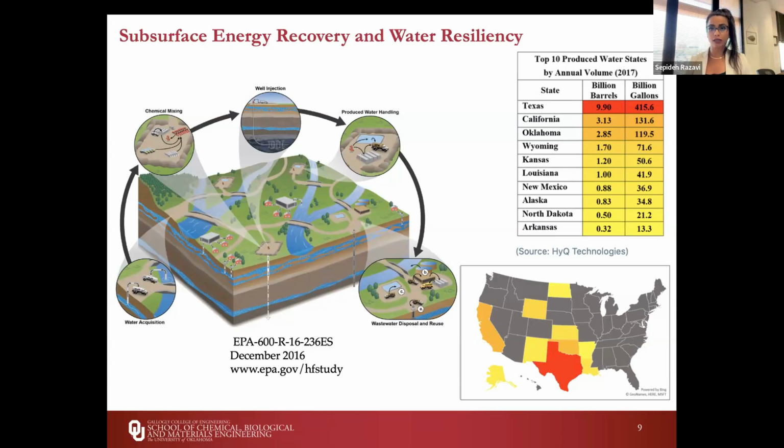And this is a large quantity of water. We're talking about 21 billion barrels in the US. And as you can see here, Texas, California, and Oklahoma are the 3 largest contributors to this produced water annually in the US. Oftentimes this is just discharged in the ground, but as we know, these mismanaged waters can have issues for the environment.